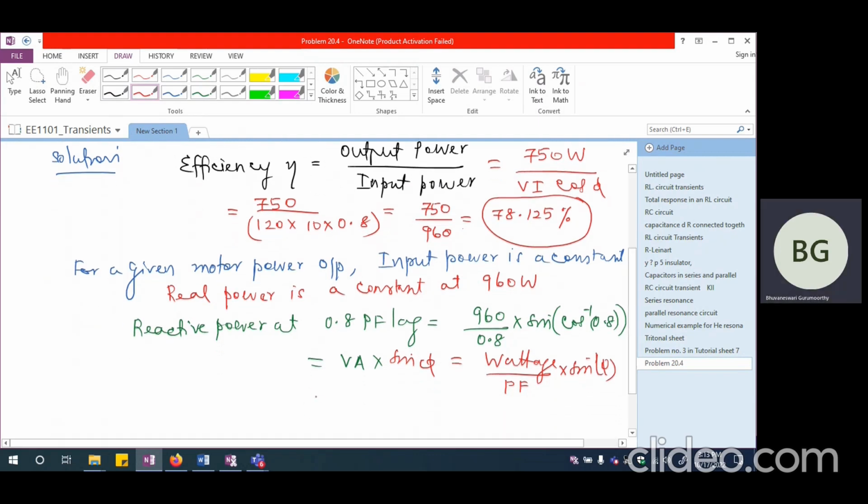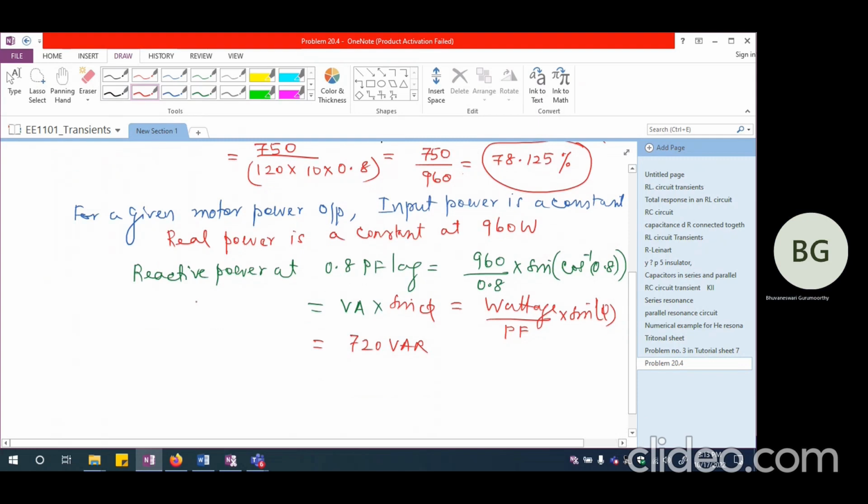So when I calculate the original reactive power, this comes out to be 720 VAR. So 960 is the wattage and 720 is the VAR, what we get.